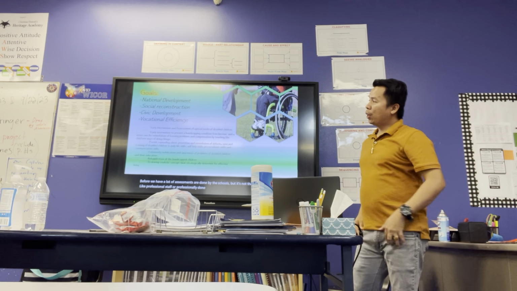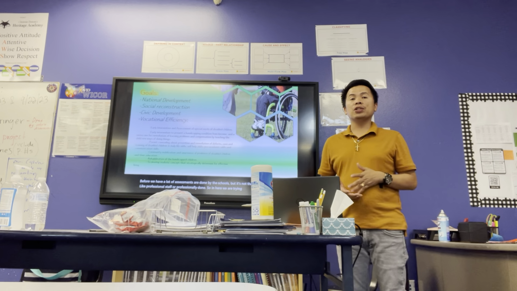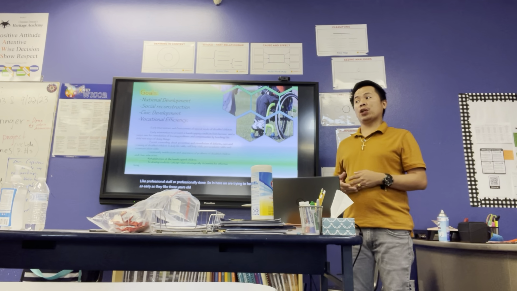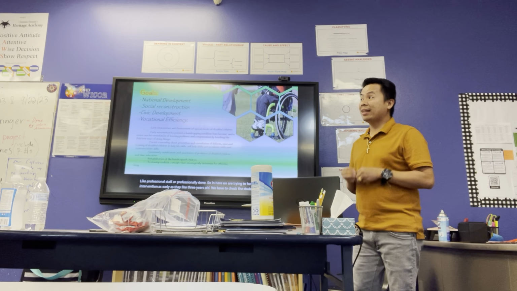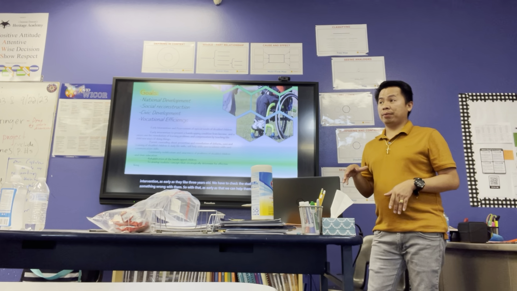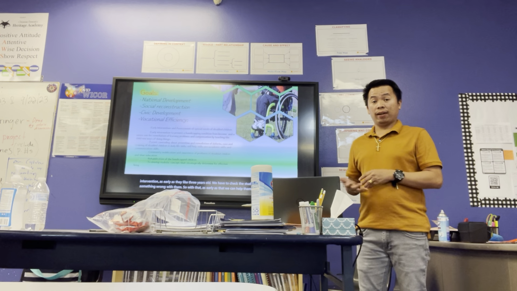In here, we are trying to have early intervention as early as 3 years old. We have to check the students if there is something wrong with them. As early as that, we can help them right away.